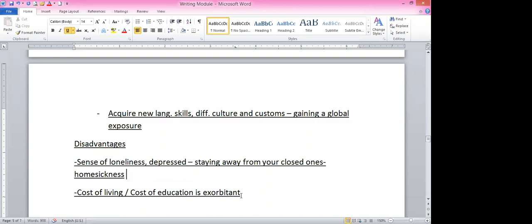Anything else? If you don't have an idea, no problem. You can write with 2 ideas with 1 strong example. That's also fine. If I have to give a disadvantage of staying in a foreign country, we can talk about the sense of insecurity that can creep into a person's mind because of the growing racial discrimination and racial conflicts that we hear about.